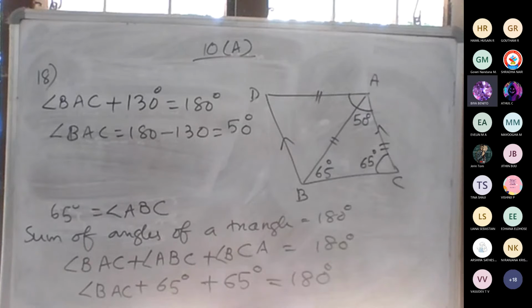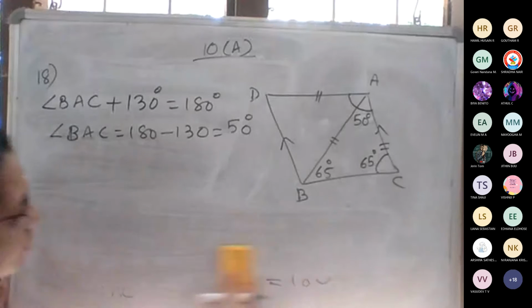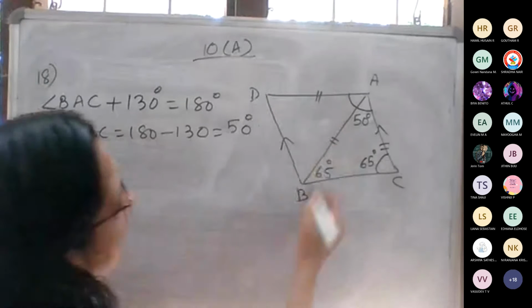Angle DAB equal to 65 degrees, alternate angle? Is DAB equal to 65 degree? If we want to write that as 65 degree, these two lines should be parallel.